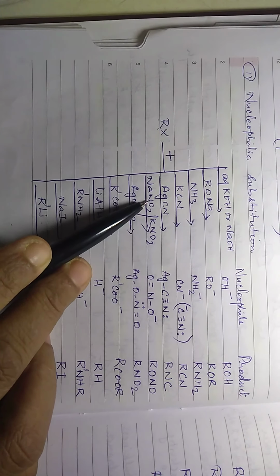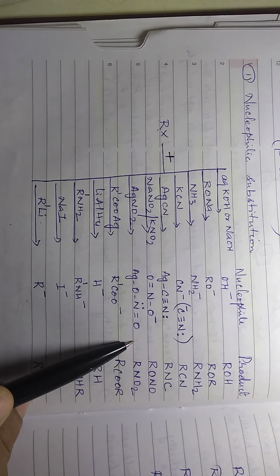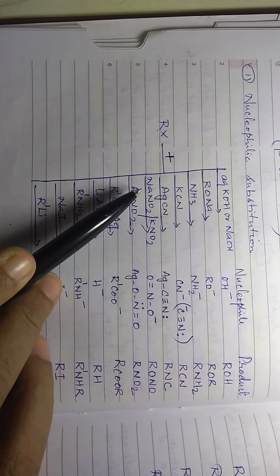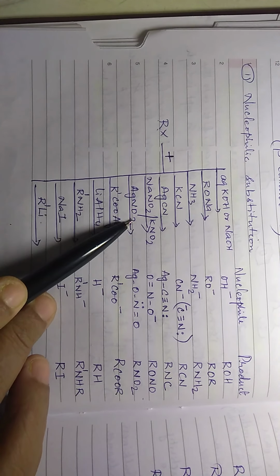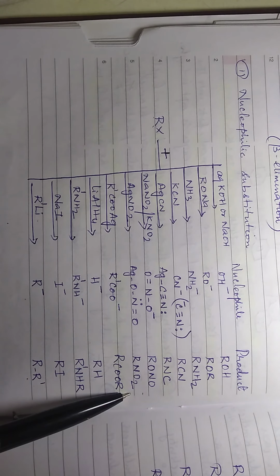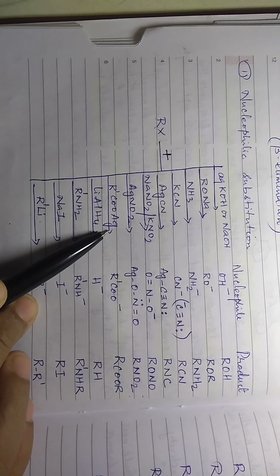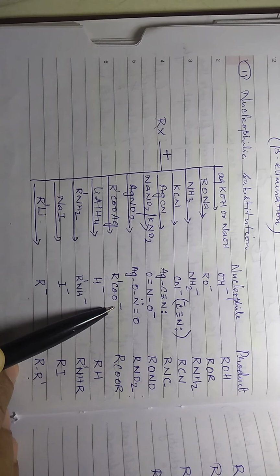Same way in the case of NaNO2 and AgNO2 also the same concept is used. If it is NaNO2, then it is RONO. If it is AgNO2, the compound formed is RNO2. Then with silver salt of acid, you will get the corresponding ester.